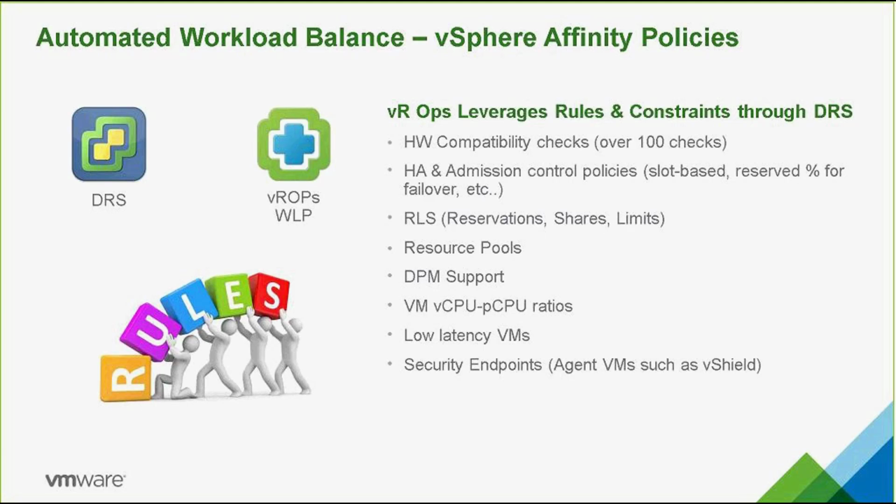Things like reservations, shares, limits, resource pools, VPN configurations, low latency VMs, or affinity rules which you might have created for your virtual machine. We honor all of them to ensure that we do not move a virtual machine which might cause business loss to you because you never wanted that to move in the first place, right? So that's essentially what we do while checking this.